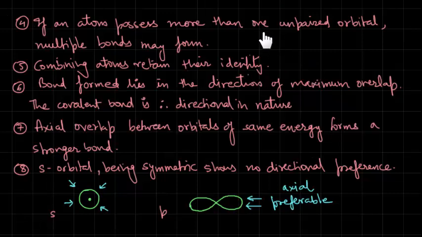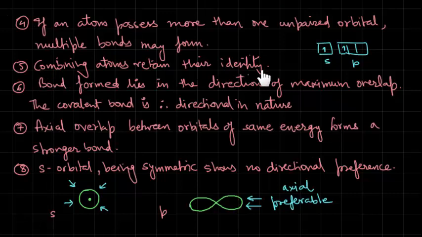That means, let's say an atom has s and p orbitals, and both have one unpaired electron each, so multiple bonds can form. So here two bonds can form.